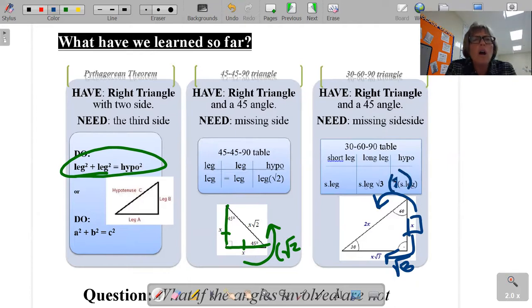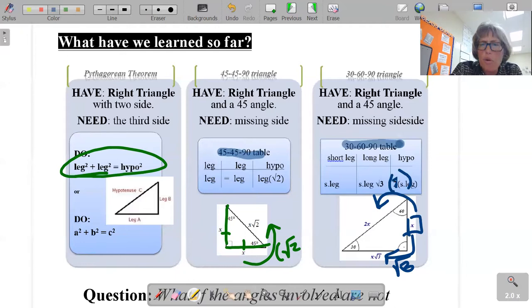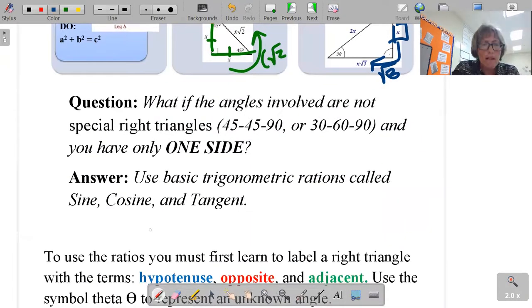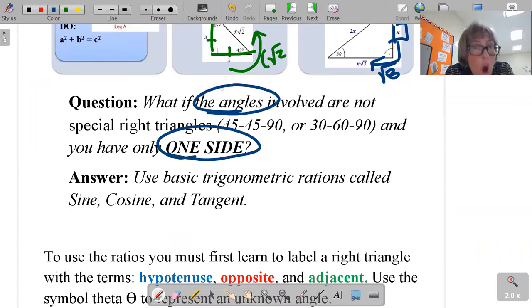Simple enough. Okay, so what if you have a triangle that is not 45, 45, 90 or 30, 60, 90, and you don't have 2 sides? What if you only have 1 side and an angle that's not 45, 45 or 30, 60?